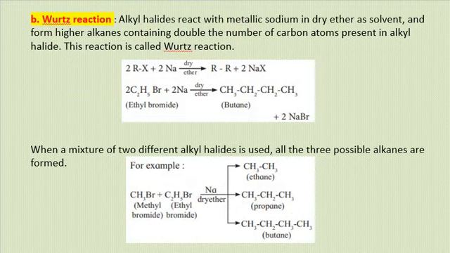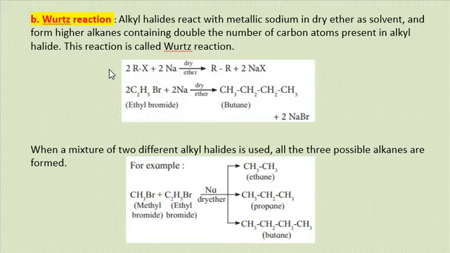What's the reaction you have learnt in class 11 in the hydrocarbon chapter, when alkyl halides react with metallic sodium in dry ether as solvent? You will get higher alkanes containing double the number of carbon atoms present in the alkyl halide. See, when ethyl bromide is treated with sodium metal in dry ether, you will get butane, which has exactly double the number of carbon atoms as in ethyl bromide.